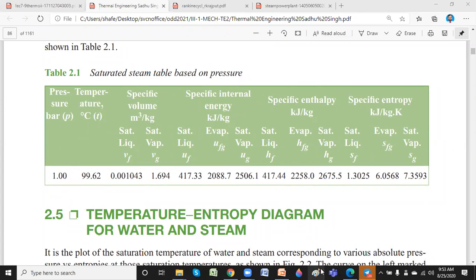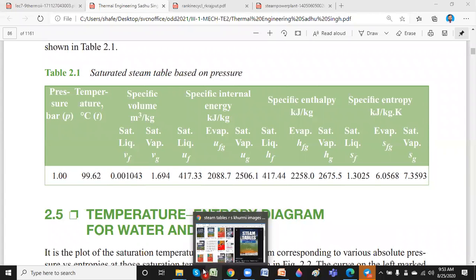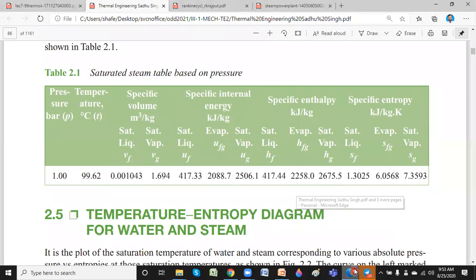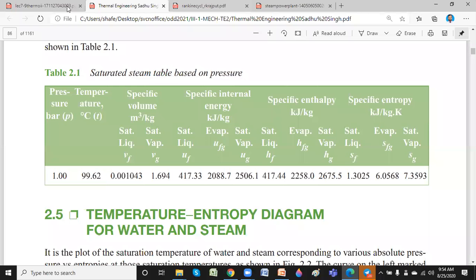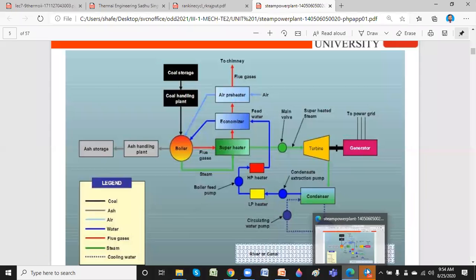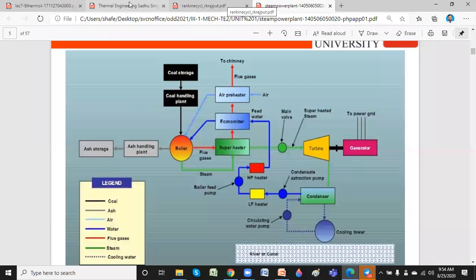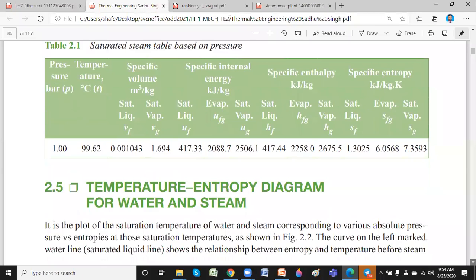Right, now you just see here one more thing I show you. Now see a simple example here.